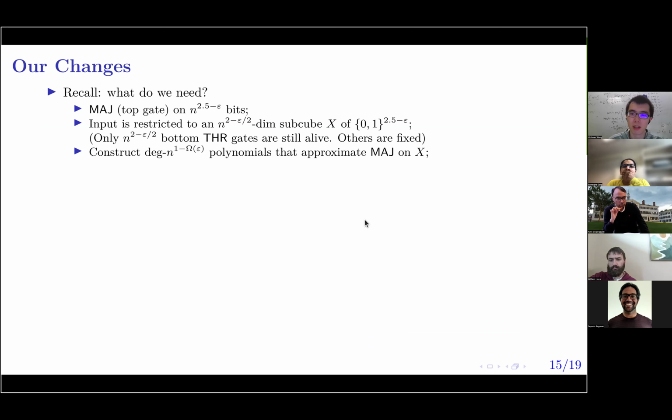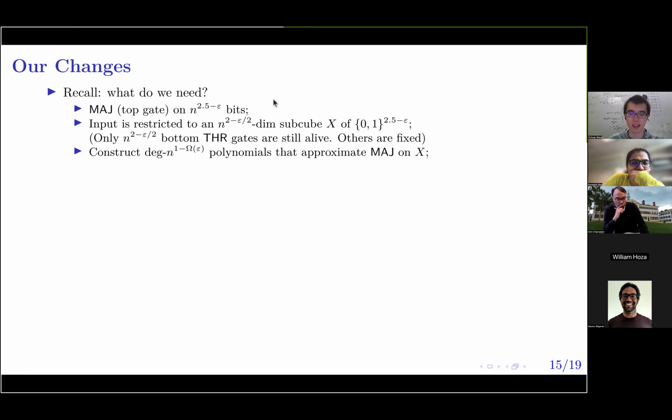Now our circuit is of size n^2.5, and the top majority gate has n^2.5 inputs. But now on each column, the input fed to this top majority gate is no longer arbitrary.